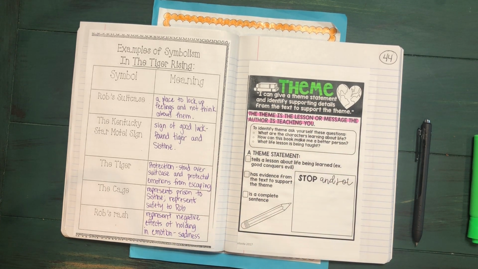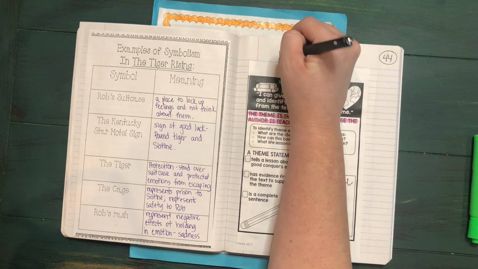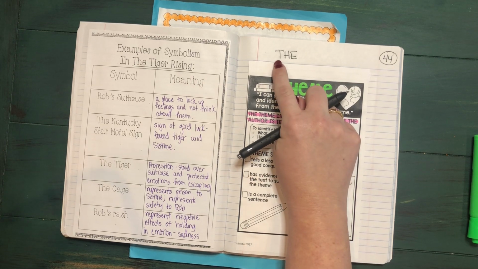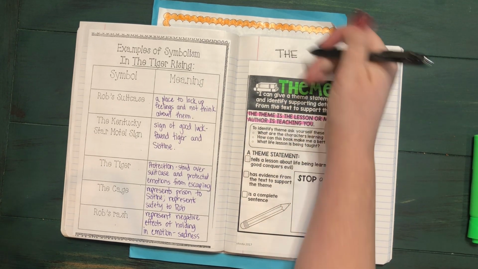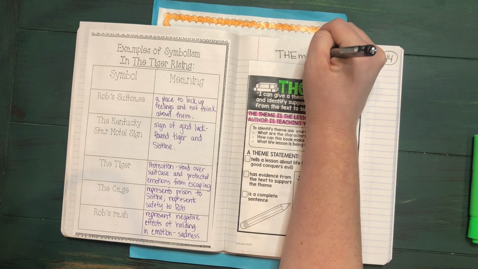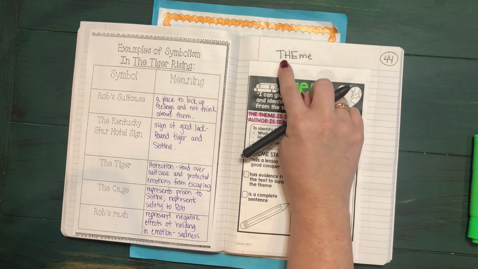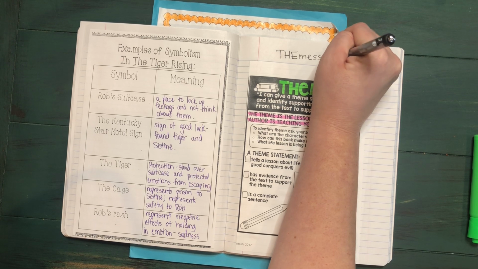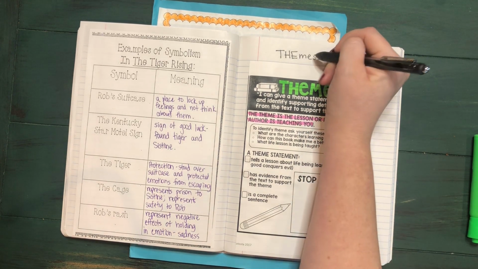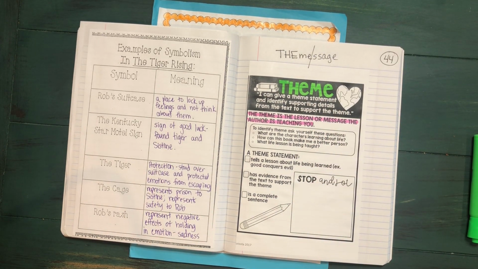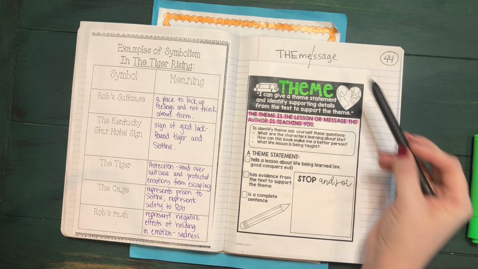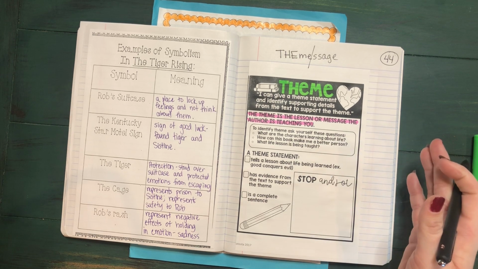And oftentimes we see that we might write theme, the first 3 letters of theme, and then we have the last 2 lowercase because it's the, and then we fill in the rest, message. So it's the message that the author is trying to teach us. So when we think of the word theme, it's the beginning of reminding us that it's the message.